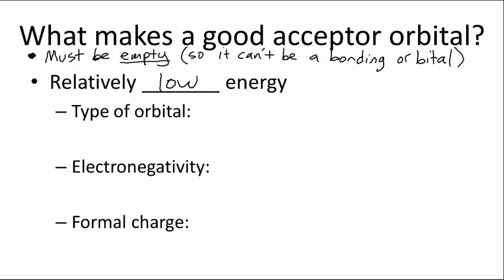The lower energy it is, the better acceptor it is. So what would the lowest energy type of empty orbital we could have be? Well, sigma would be the lowest energy orbital we could have, but it will always be filled because it's a bonding orbital.